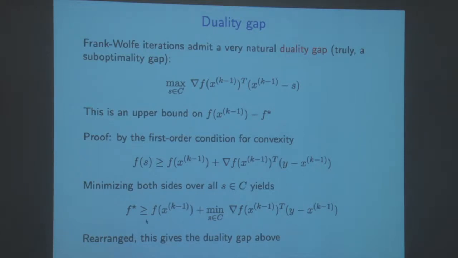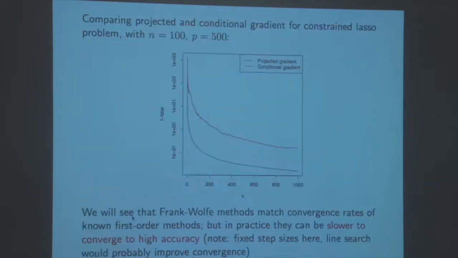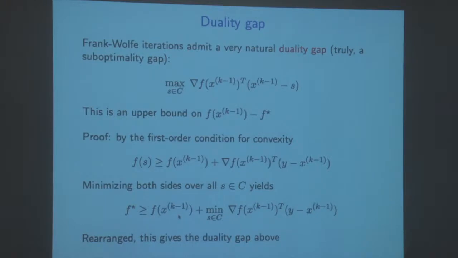If I minimize both sides over all of the points s in the set C, this is true for all points. So if I minimize over all s in the set C, then the left-hand side gives me f star. And the right-hand side gives me f of x plus the minimum of the gradient transpose (s minus x).